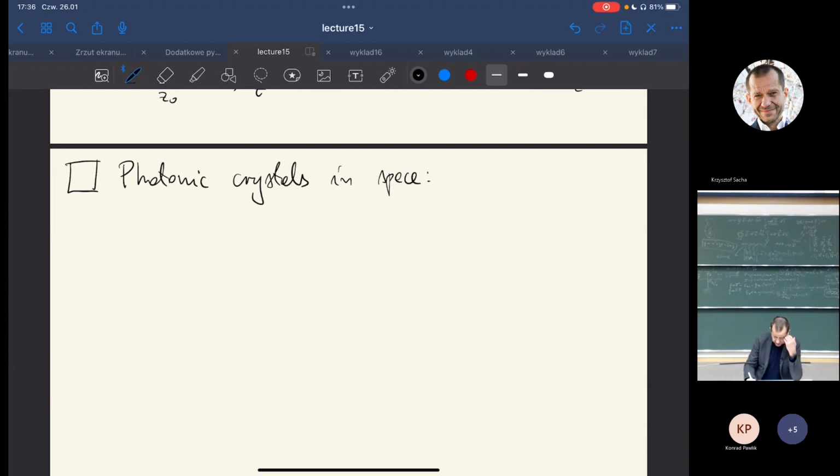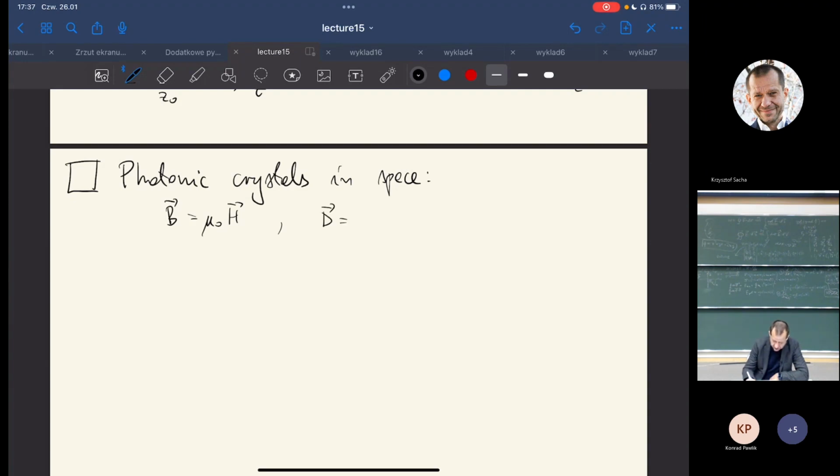Of course, we assume that there are no free charges in our medium, there is no current, and the medium is linear and not magnetic. So that means that the magnetic induction is simply equal to the magnetic field.